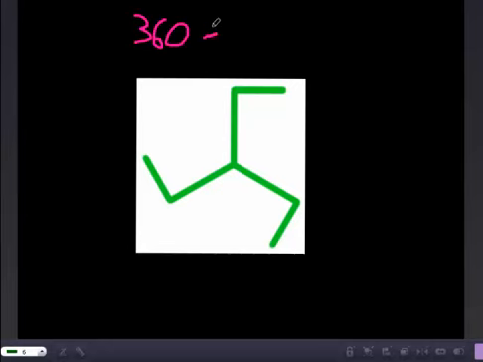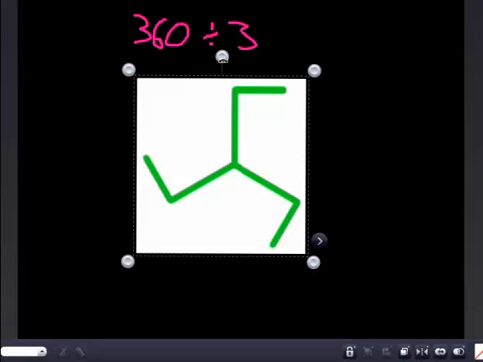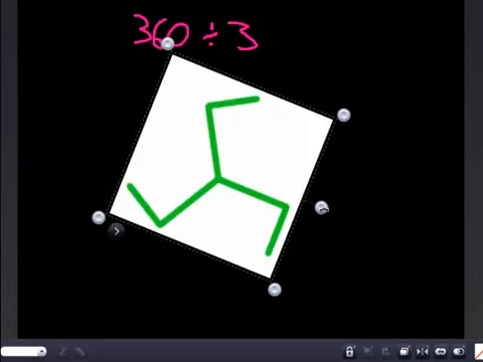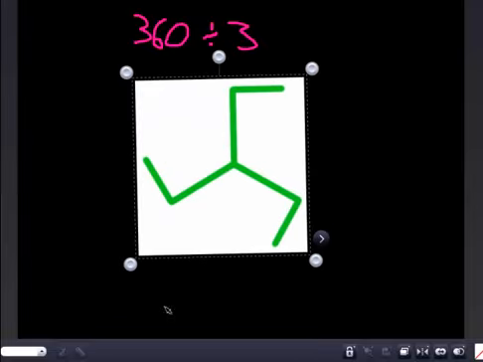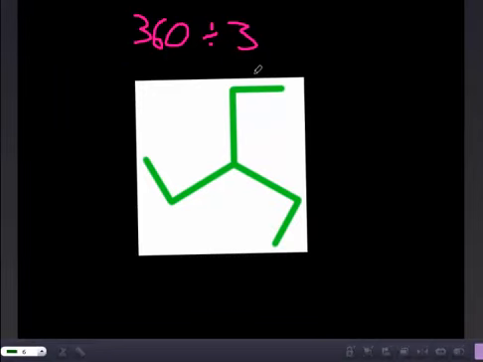So 360 divided by 3, because it looks the same at three different times: 1, 2, 3, and then back to the original 1. So every 120 degrees it looks the same. It has rotational symmetry every 120 degrees.